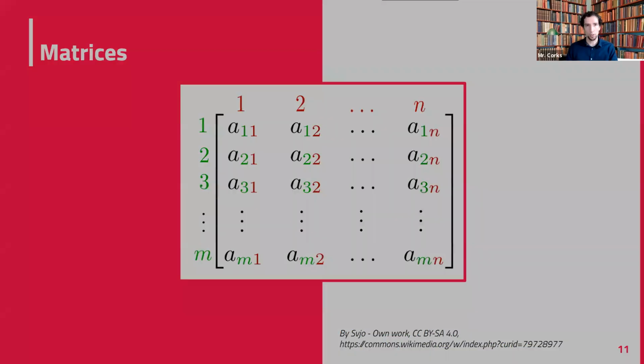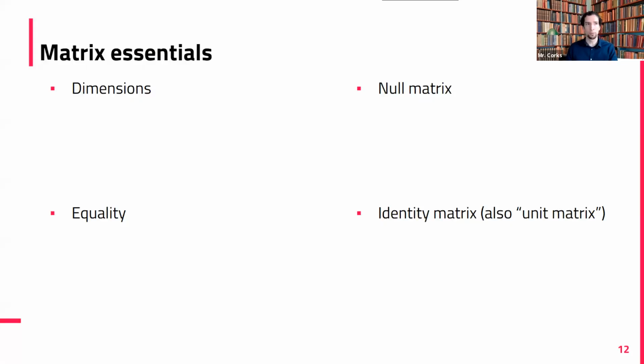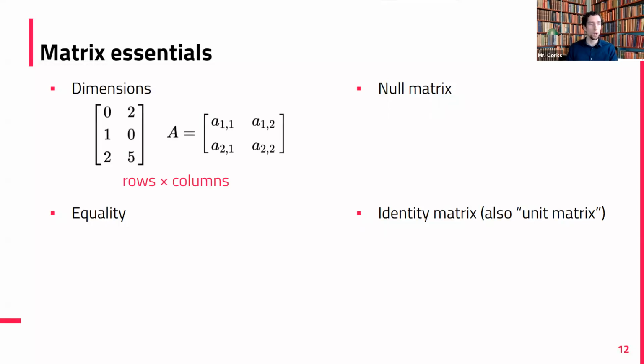Last time we did this review, we'll just do a quick recap one more time. Matrix essentials: if we talk about the dimensions of a matrix, how do we talk about that? Row by column. Rows, then columns. If two matrices are equal, what do we know about them?